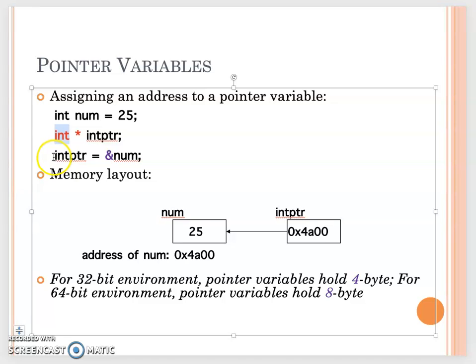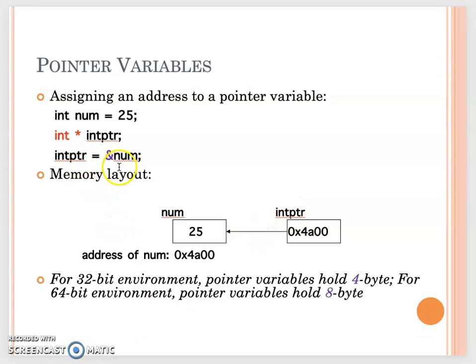After you define your pointer variable, if we want to assign a value, you need to assign the memory address. So we use the ampersand for num, which is an int variable, and that memory address will be held in the pointer variable.